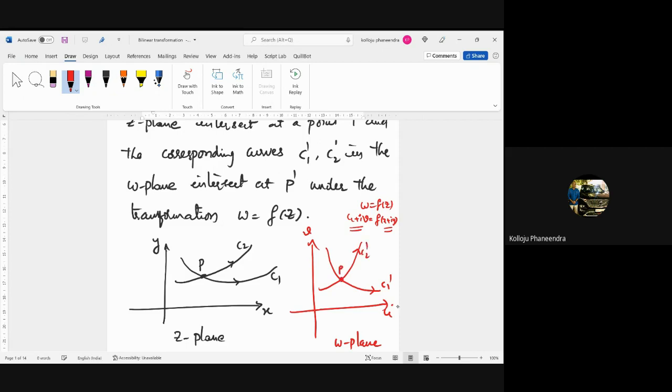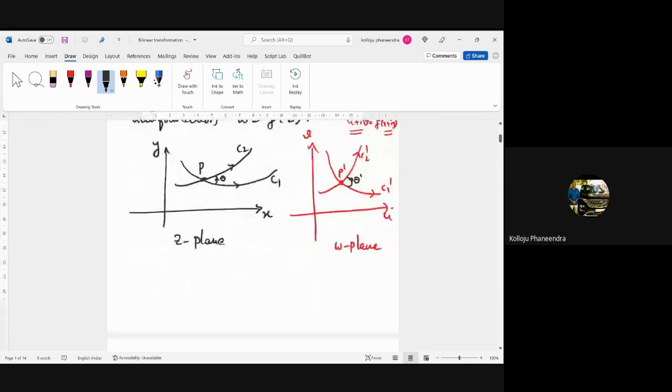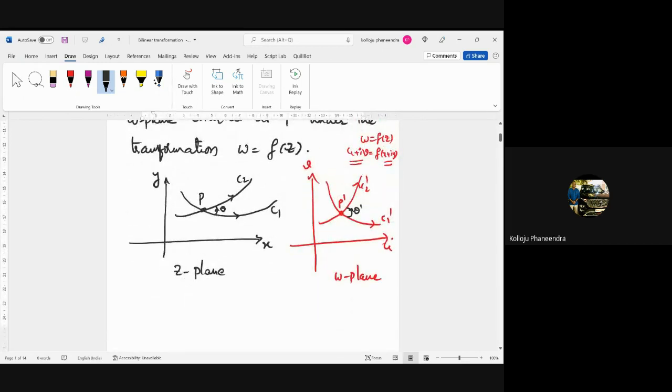And this is the intersecting point P dash. Here the angle is theta, and here the angle is theta dash. Got it? And how can I represent W equal to f of z as a transformation?